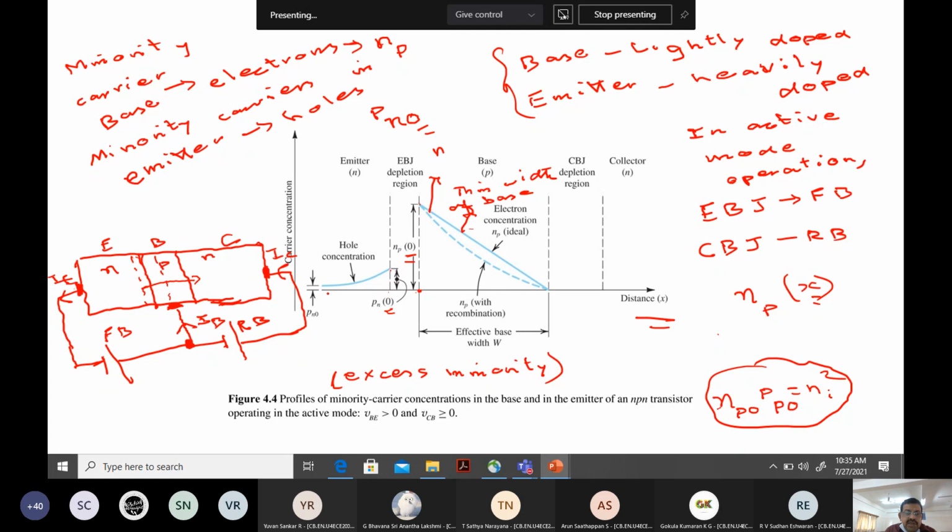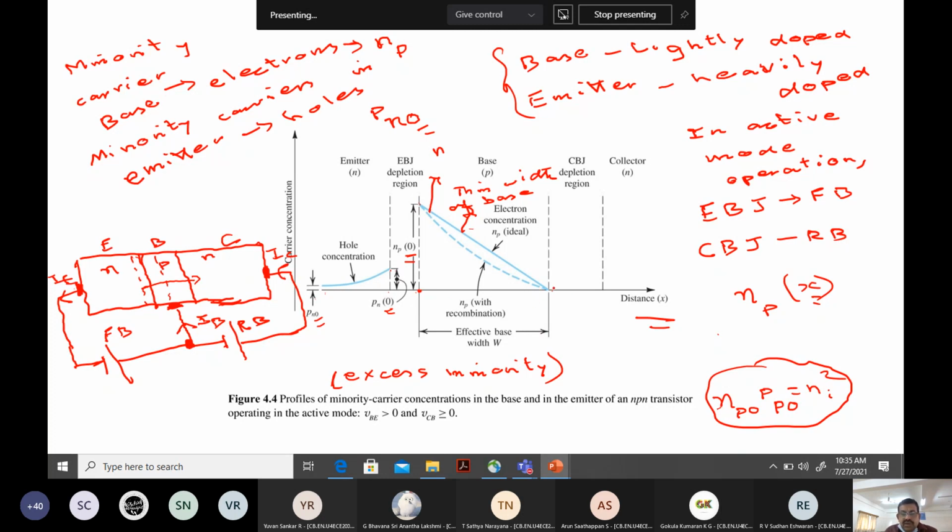Now, as you go deeper into the emitter region, you will come to your equilibrium. Here, you have to understand it is not that the minority carrier concentrations are becoming zero. It's very important to understand they will reach the equilibrium value far deep into the respective regions.